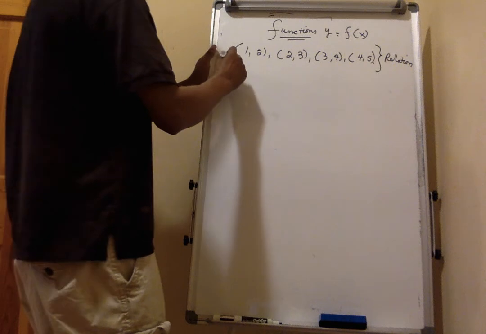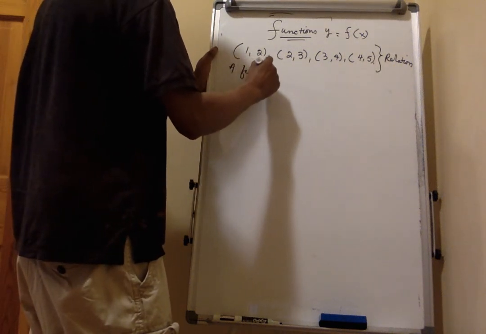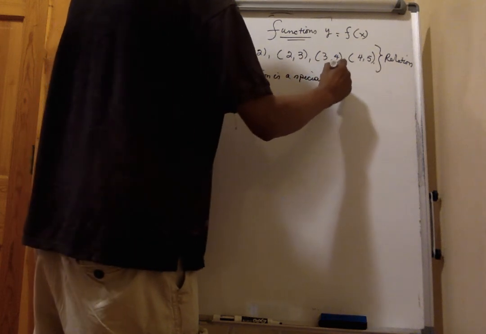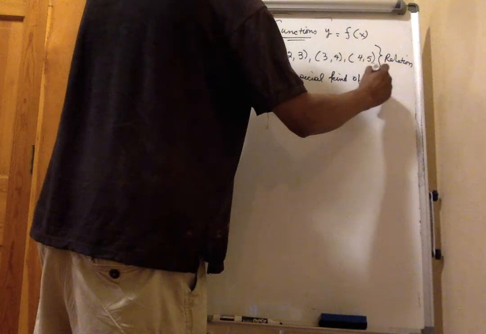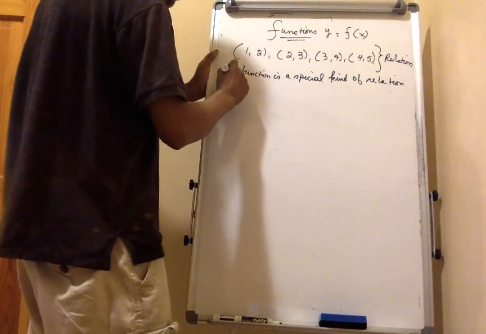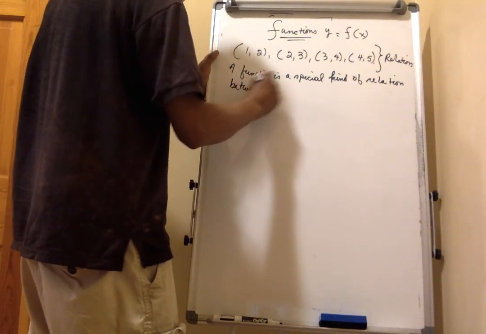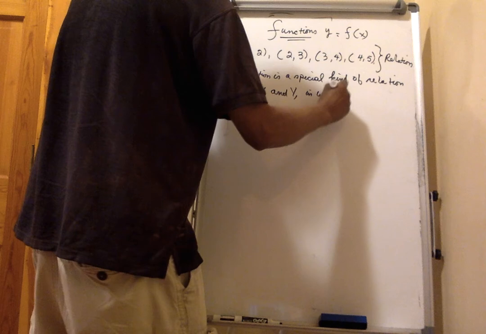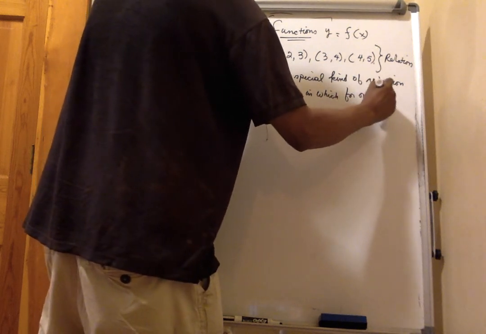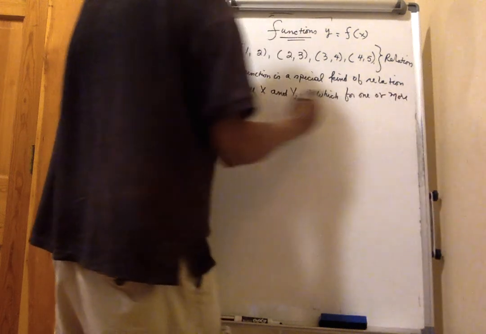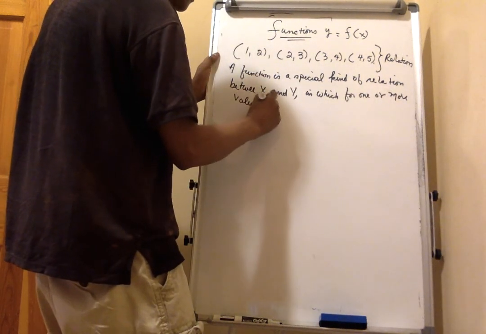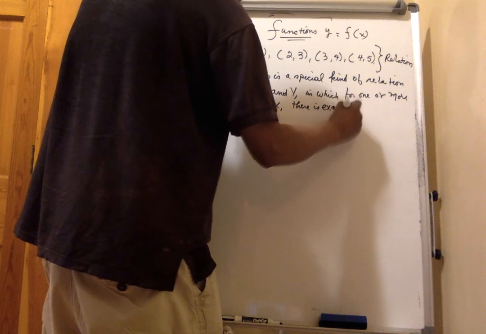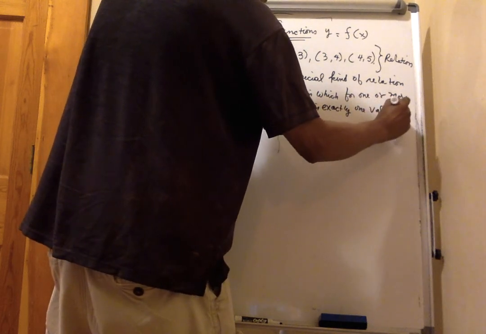Let me define it. A function is a special kind of relation between x and y, in which for one or more values of x, there is exactly one value of y.